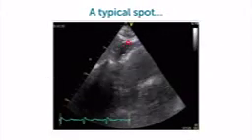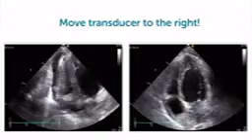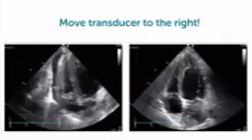Now, it might be very easy to see a large pericardial effusion, but it can sometimes be quite difficult to see a small pericardial effusion. So you have to know where to look for it. I already showed you one typical area where you should be searching for an effusion, which is the region of the right atrium, right here. But another region is lateral to the right ventricle.